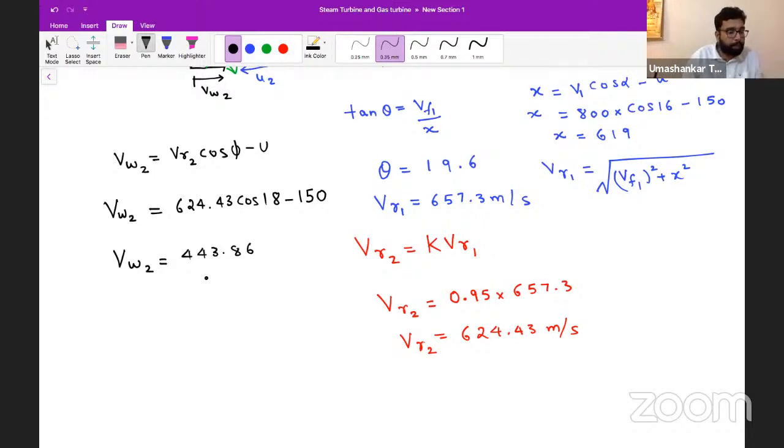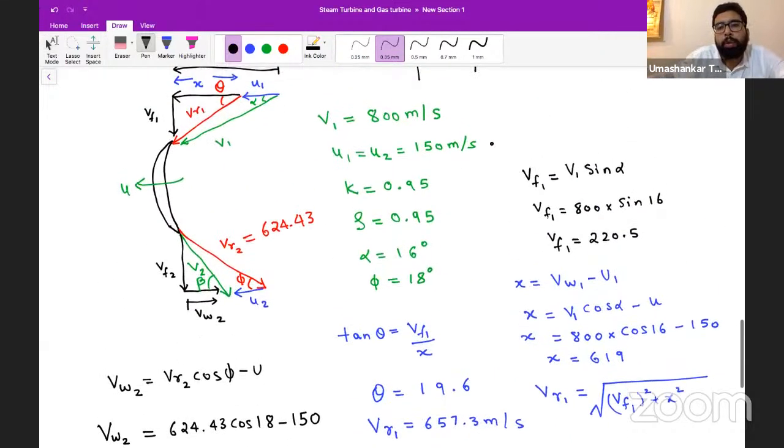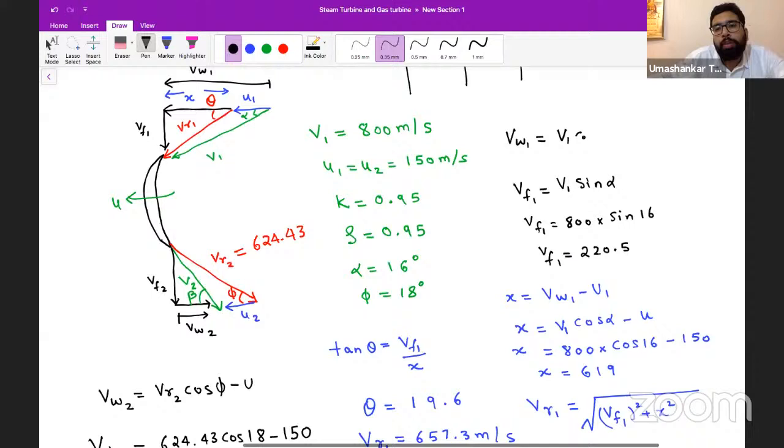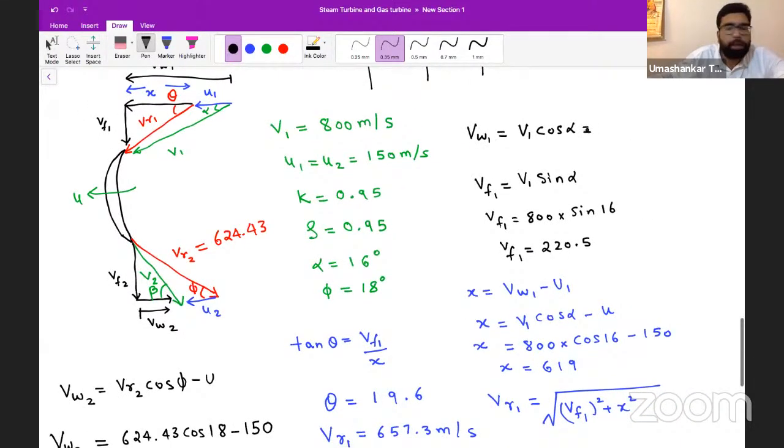Please do check the calculations, and all the units are in meter per second. Let us also find the VW1 because it is going to be used in finding the power. VW1 is V1 cos alpha. Can somebody tell me the value of VW1? We are going to use it further. What is this V1 cos alpha?